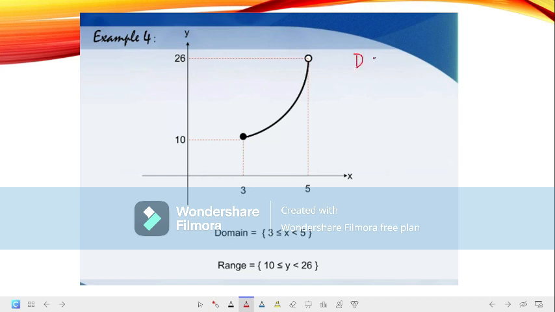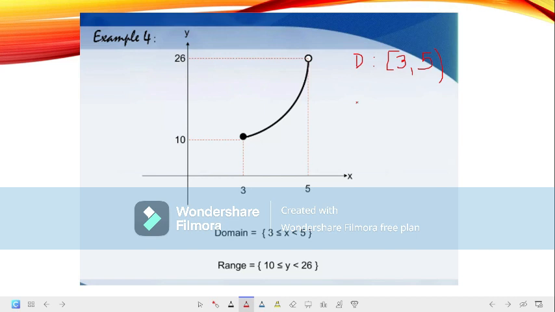Our domain would be this. Since 3 is included, we will use the square bracket, then comma, and 5 is not included, so we will use the close parentheses. Okay, that's our domain using the interval notation.